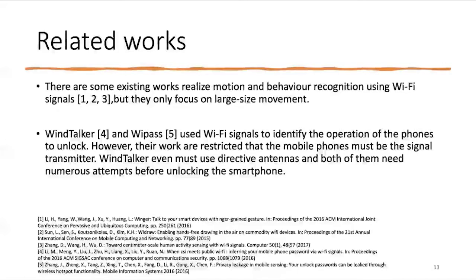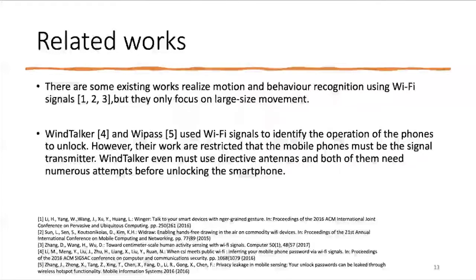However, the operation of a smartphone is a small-size movement and has higher demands. WinTalker and Wi-Pass use the Wi-Fi signal to identify operations on the phone to unlock the phone.